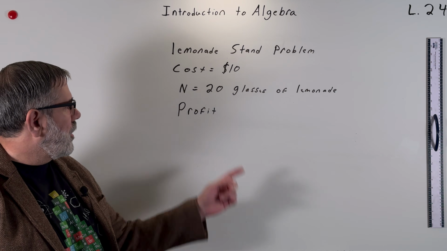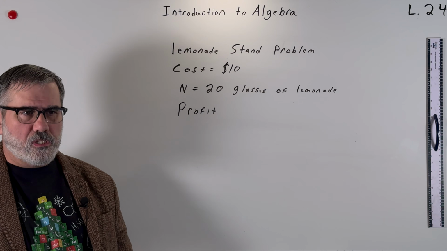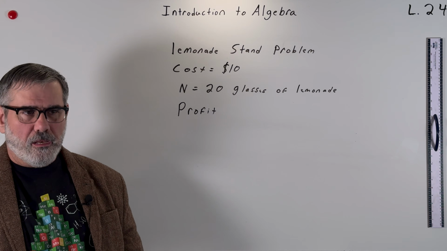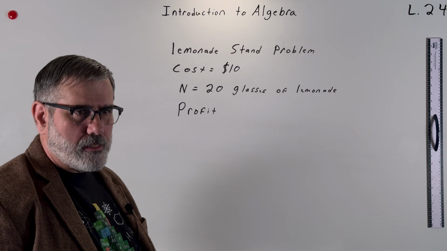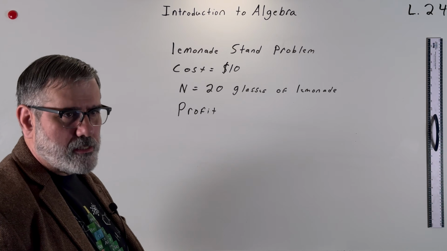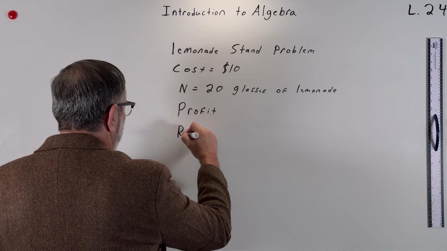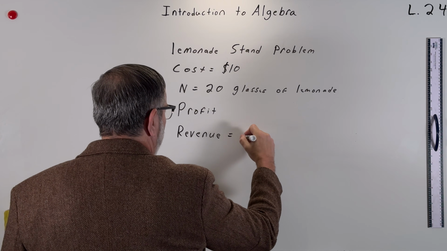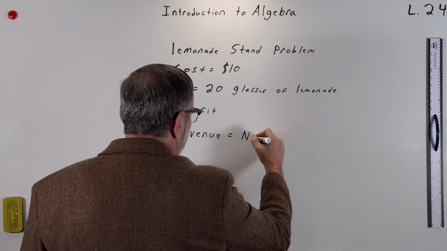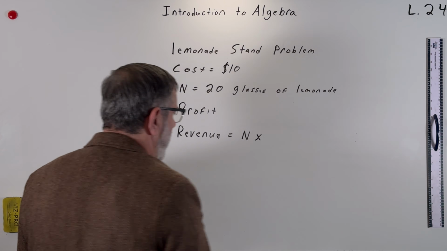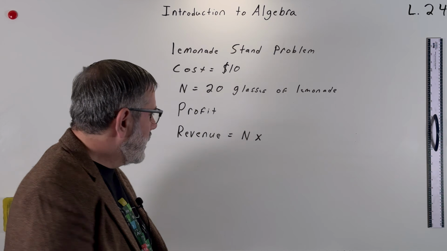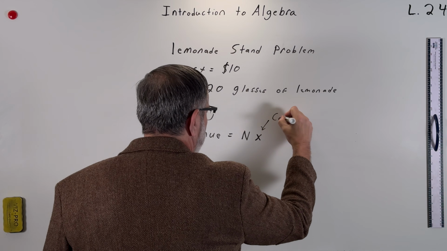Well, that's going to depend on the price that we set for each glass of lemonade. Because the revenue, that's a business term for money that we make by selling an item, is equal to the number of units that we sell times this unknown quantity, x, that we have not yet determined. So x is the cost.